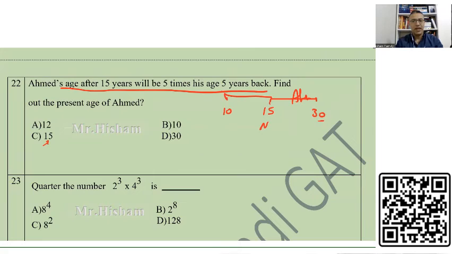Is 30 five times 10? No. So I'm going to cancel 15. Let's go to 10. 10 is now. After 15 years, it's going to be 25. 5 years ago, it was 5, and 25 is 5 times 5. Mr. Sham, why do you ignore the 12? Because the numbers are 5 and 5 times, 5 after and 5 before, so it's not 12 at all.